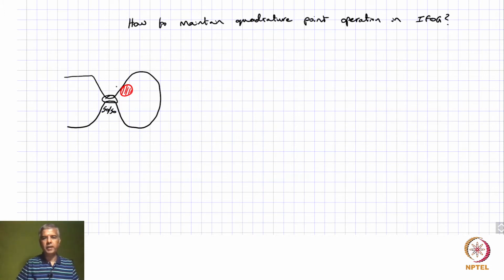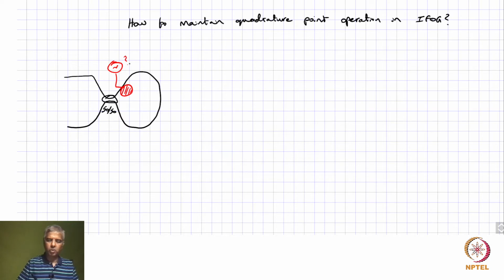You wind a certain part of the loop over a PZT cylinder, a piezoelectric transducer cylinder, and if you apply some voltage to that, then you could possibly maintain this quadrature point.